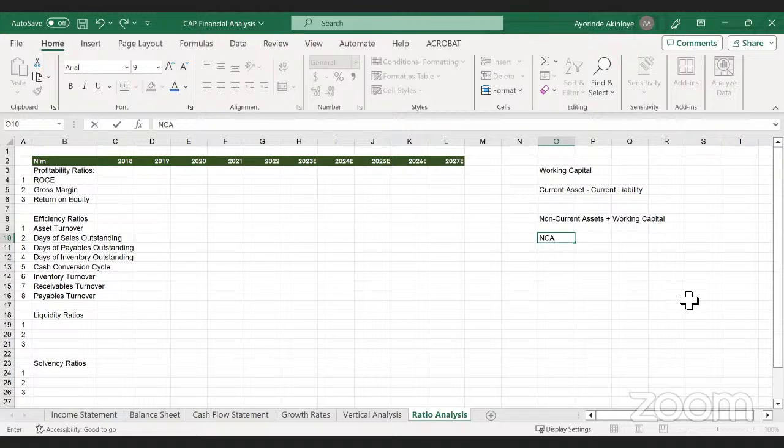So you say non-current assets plus current assets minus current liabilities, right? And we know that non-current assets plus current assets is equal to total assets. So you can either say capital employed is non-current assets plus working capital, or total assets minus current liabilities.